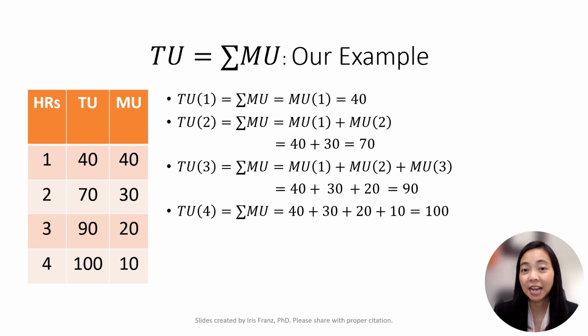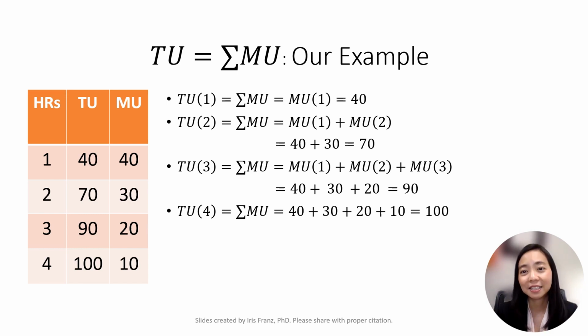The total utility after gaming for 1 hour is the sum of marginal utility from gaming for the first hour, which is 40 utils. The total utility of gaming for 2 hours is the sum of marginal utility from gaming for the first hour and the marginal utility from gaming for the second hour, which is equal to 40 utils plus 30 utils, which gives you 70 utils.